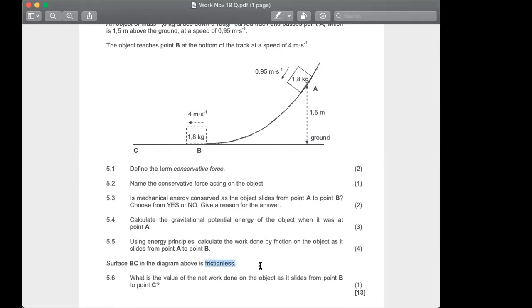All right, so it's frictionless. There's no other frictional action acting on the system. So what is the net work done on BC? Is there any forces acting on it? It will just be moving, right? So that's why the net work acting on it will be 0. 5.6, the answer is 0.